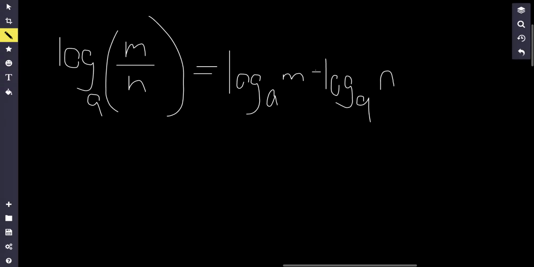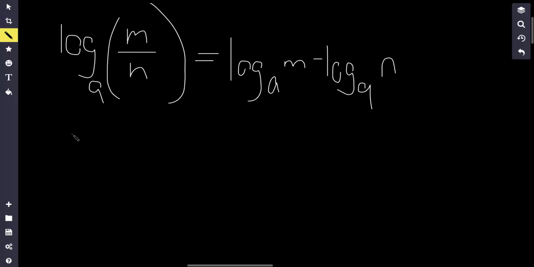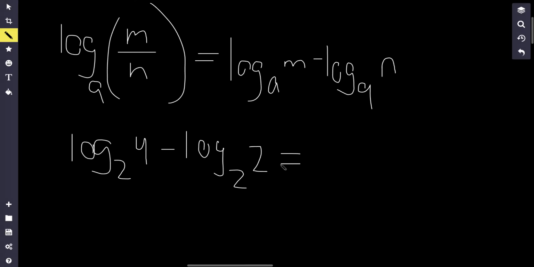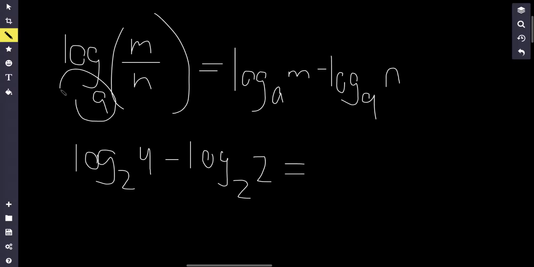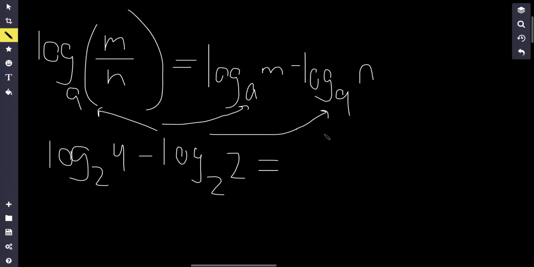That's basically the difference. So if you have something like log base 2 of 4, and you subtract from it log base 2 of 2, what you're going to do is keep the same base, right? You notice how all of these things have the same base. So you're going to keep the base.